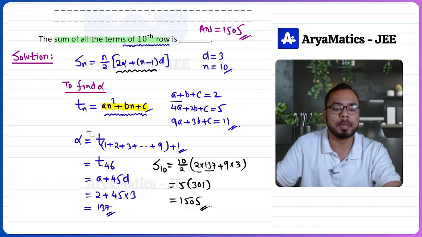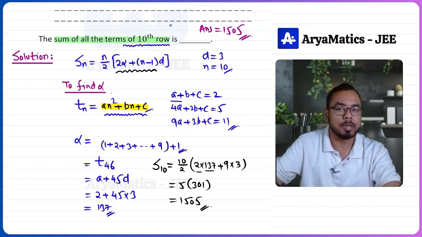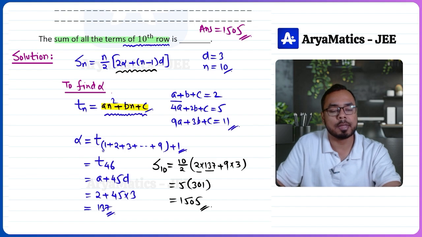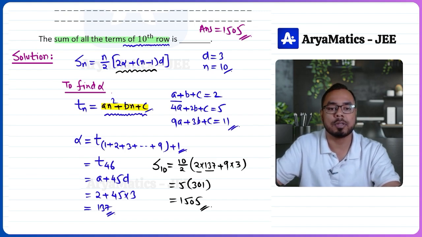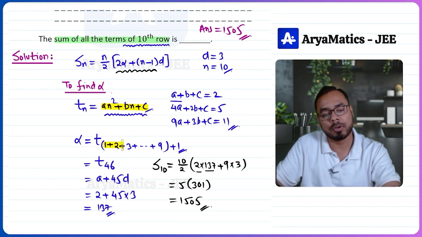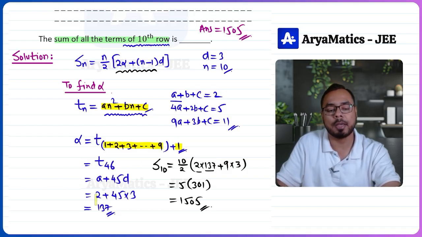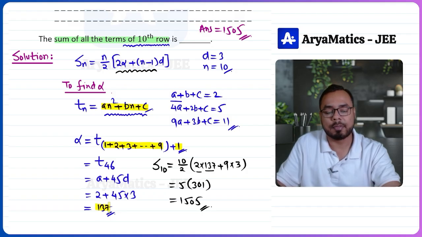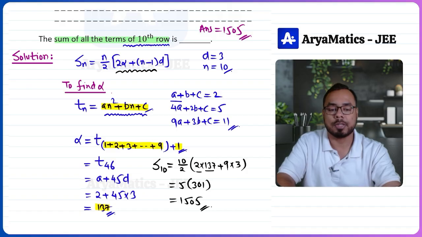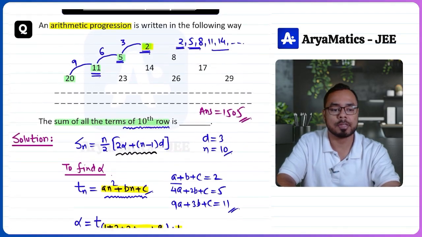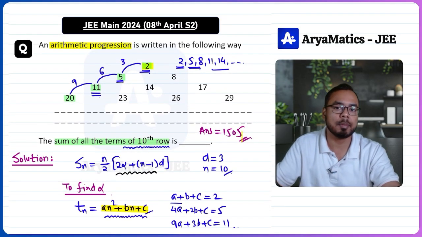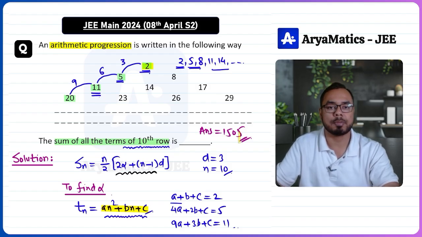Another easier approach is that in the first row we used one element, in the second row two elements, and so on. By the time we complete 9 rows, we have used the first 45 elements of that AP. So the first element of the 10th row will be the 46th element of that AP. Using the formula for the nth term of an AP, we got alpha as 137. Once you substitute the value of alpha, the sum of all the elements will be 1505, and that is the correct answer for this problem.